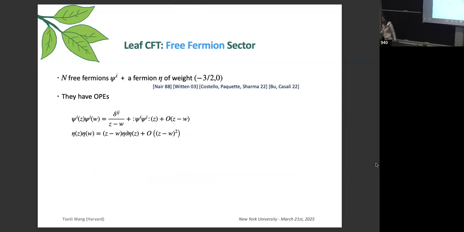The construction of the free fermion sector is relatively well studied in the literature and follows these references.